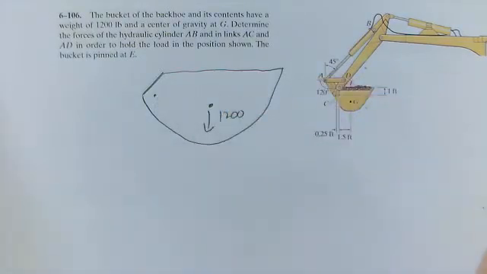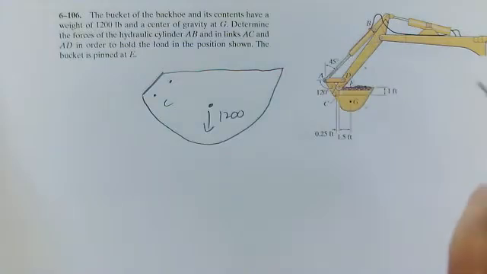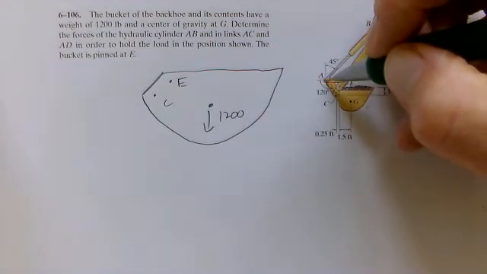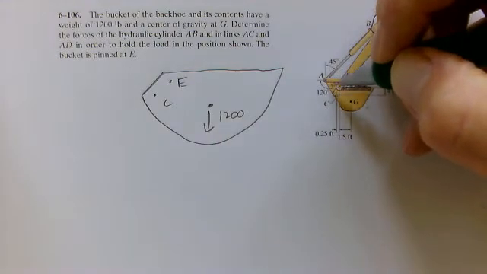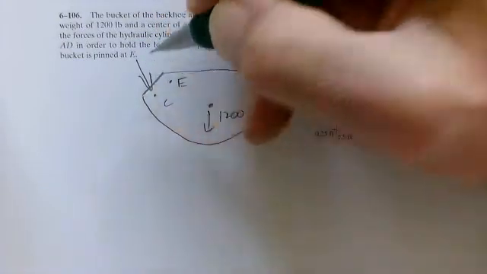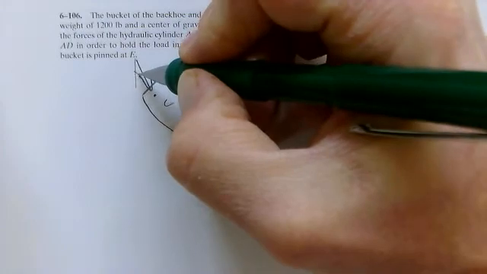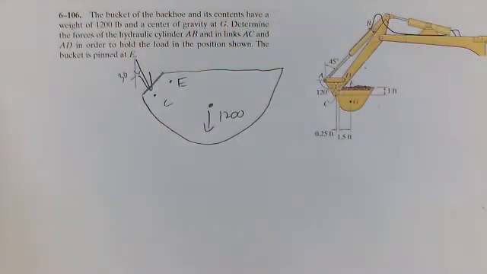We have a point C, and we have a point E. Now the hydraulic, or the link here, when a link is only pinned at each end, there are no intermediate forces, which means the forces will be axial. So we know that that is going to come down like that, and it's going to be at a 30 degree angle from the horizontal.